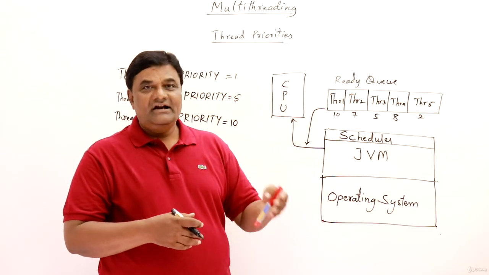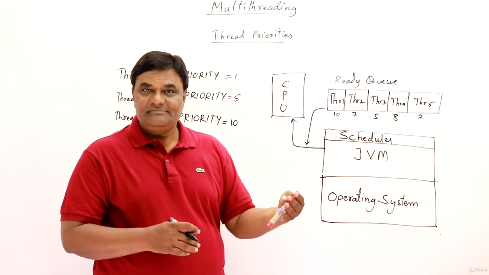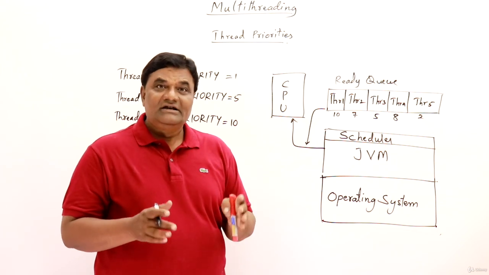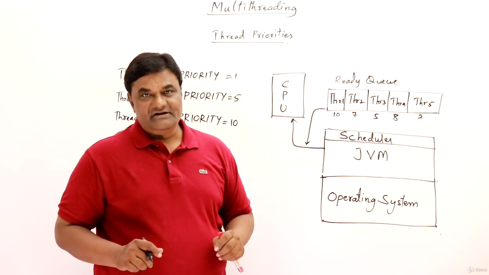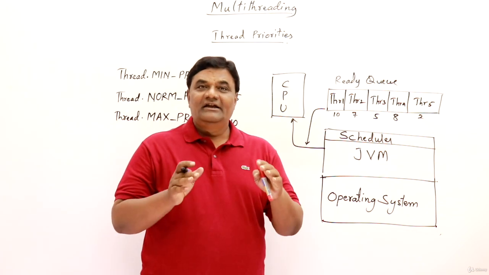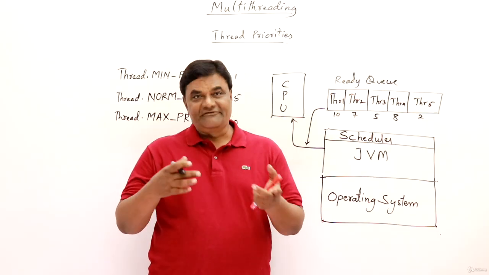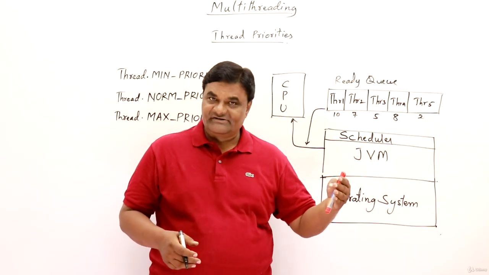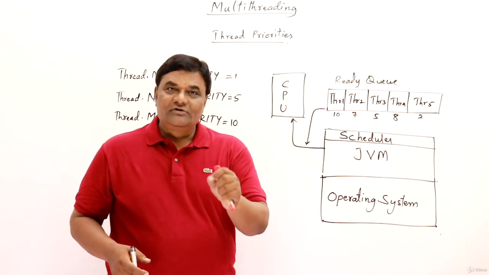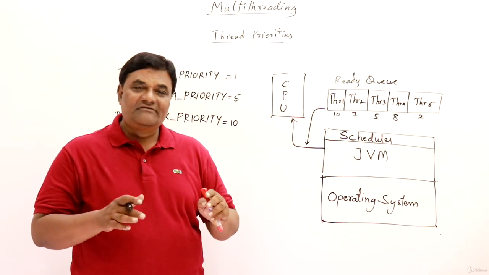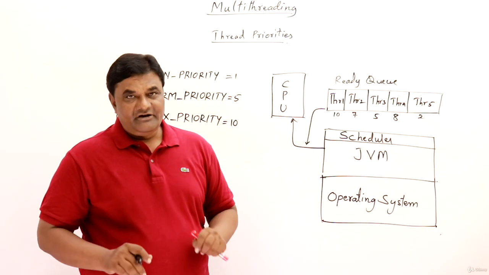Either it may finish the higher priority thread first, then the next thread, then the next, or give more time to higher priority threads. So the idea here is that if a thread is having higher priority, then it should get some preference over other threads. So that's what priorities are. In Java, we can have different levels of priorities.